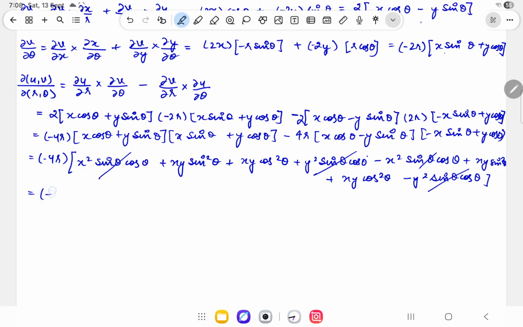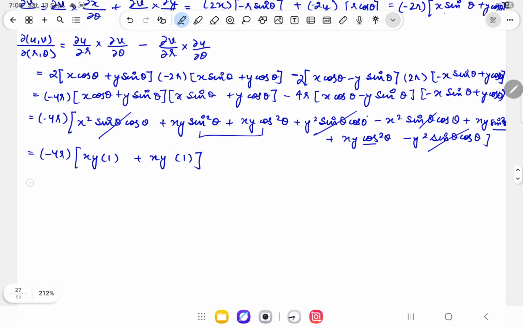So if we simplify it, I'll be getting minus 4r into, I can club these two terms by taking xy common, so xy into 1. Likewise, I can club this with this term, and again I'll be getting xy into 1. So this is equal to minus 4r into 2xy, that is minus 8r into xy.